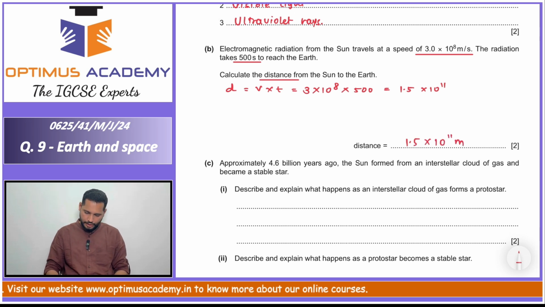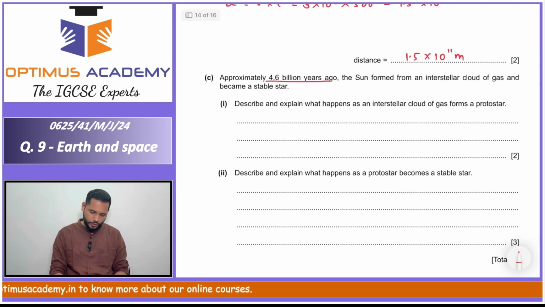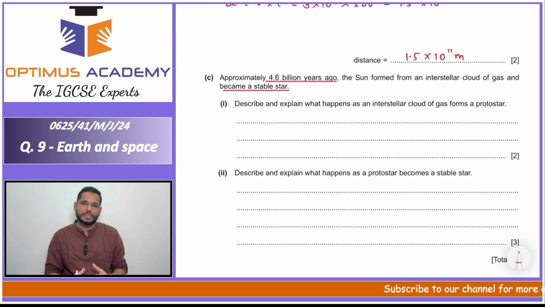meters. Question C. Approximately 4.6 billion years ago, the sun formed from an interstellar cloud of gas and it became a stable star. Describe and explain what happens as an interstellar cloud of gas forms a protostar. So first of all, we need to understand how the sun forms or how any stable star is formed.